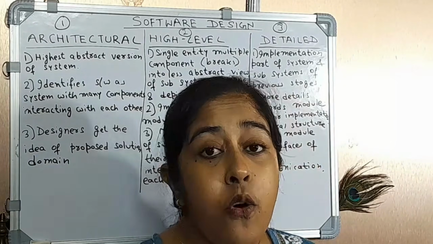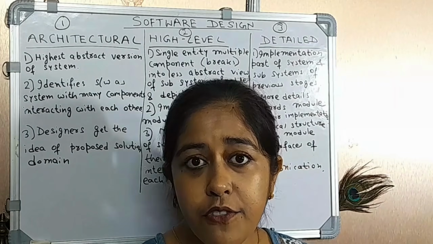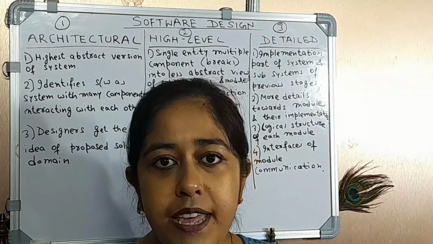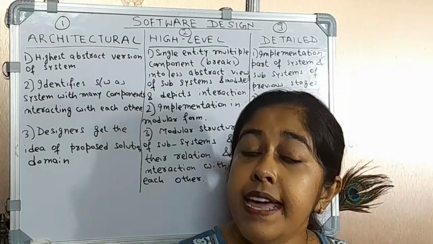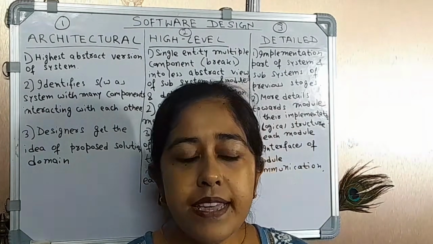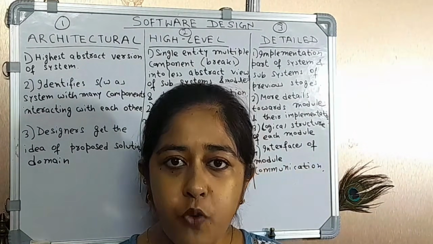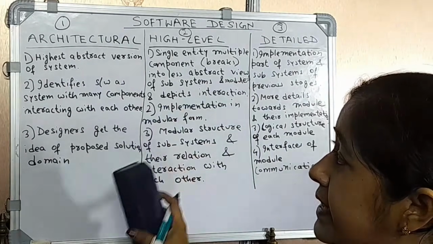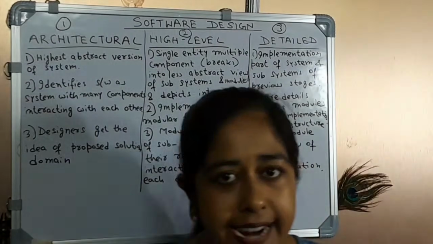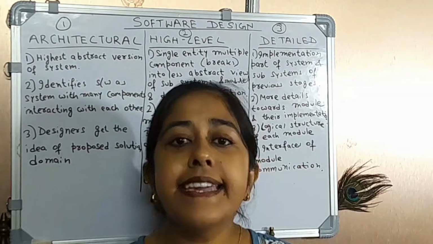Okay. Now what is happening here? Here we are seeing the software as a group of components. These components do their basic specific work. Here it identifies the software as a system with many components interacting with each other and working individually.